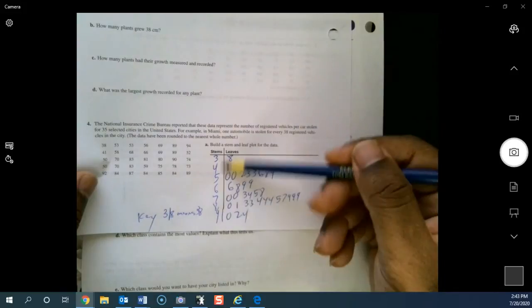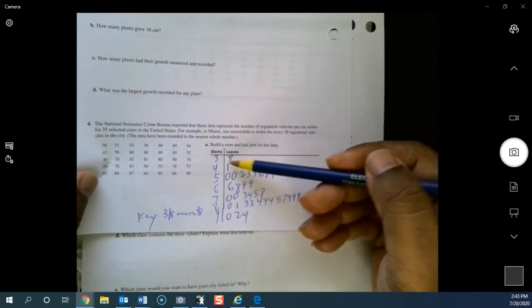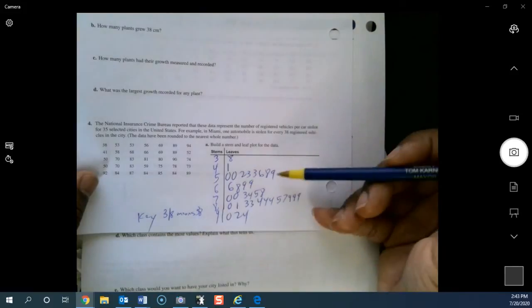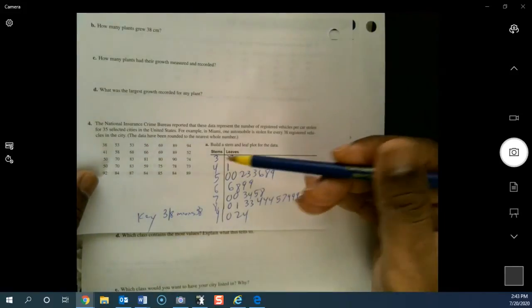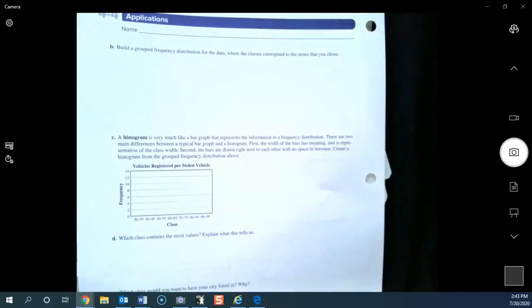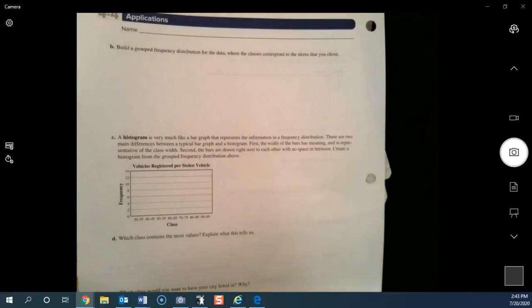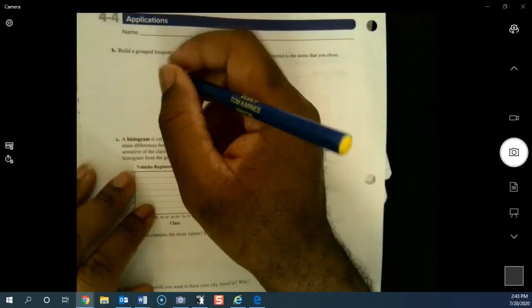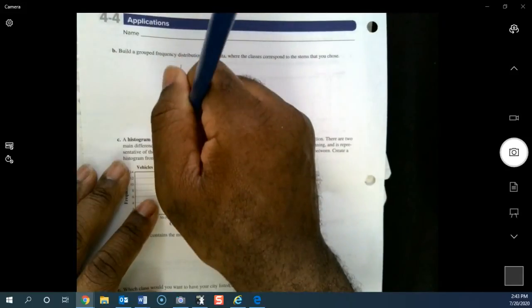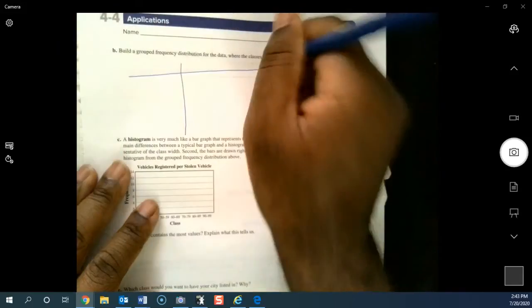So we could just use the 7 classes, and they go from 0 to 9 to end the classes. So we could do everything by tens here. So we don't have to go through that whole process of finding the width and the length of the class. So what we could do is just draw our frequency distribution here.